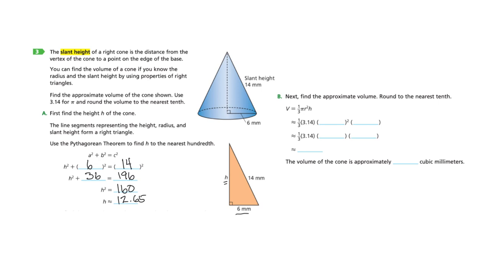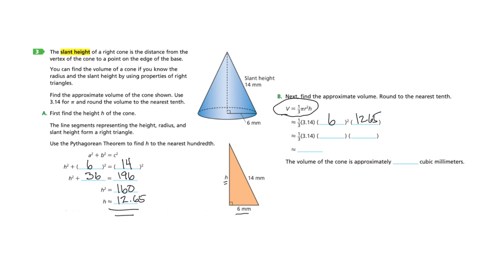So now that you have that, you can plug that in over here at B. So they have 1/3 of pi, which is 3.14. They told you to use that. The radius is 6, and the height is 12.65. So you're just using the information that you figured out over here in this formula for the volume.